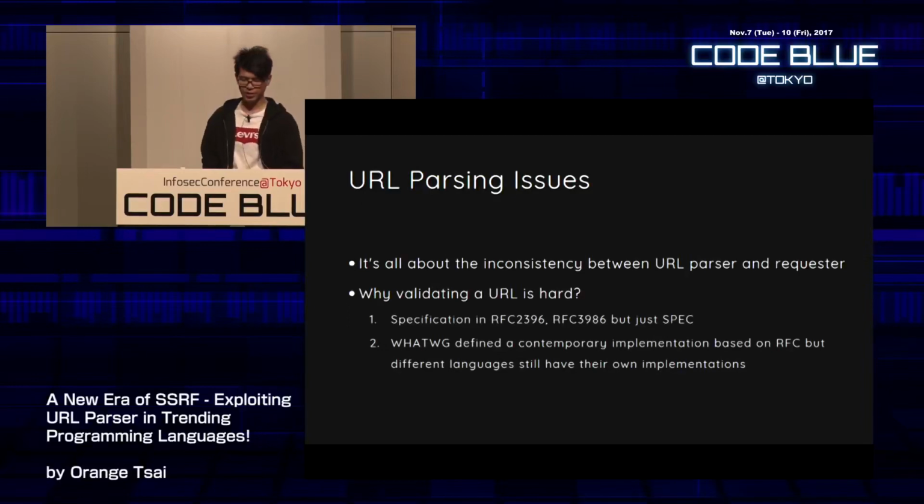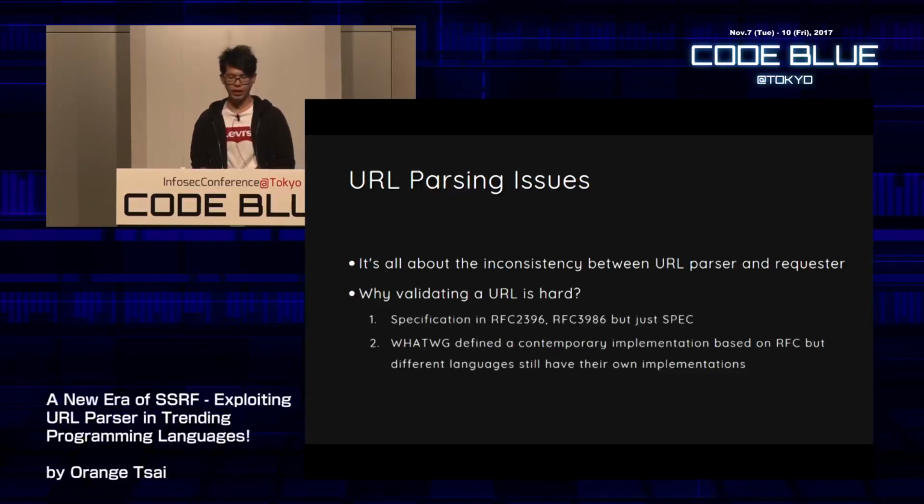The first part, URL parsing issues. This is all about the inconsistency between the URL parser and the URL requester. It is common to fix an SSRF by validating the URL. But validating a URL is hard work. Why?